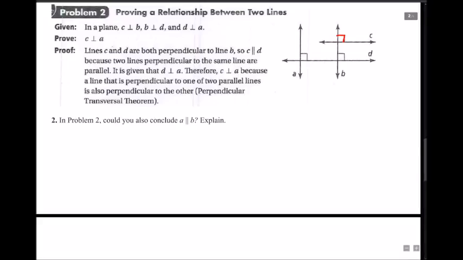Line B is also perpendicular to line D. Do you see that? What's that going to let us do? This is going to let us make C parallel to D, right? Two lines perpendicular to the same line. Do you see that? That's our first theorem right there.